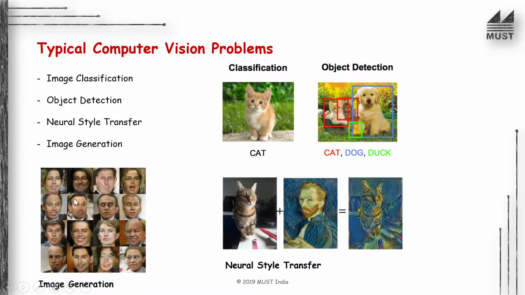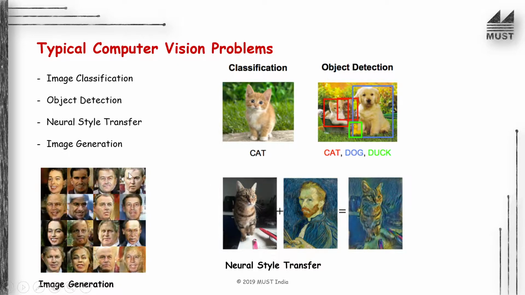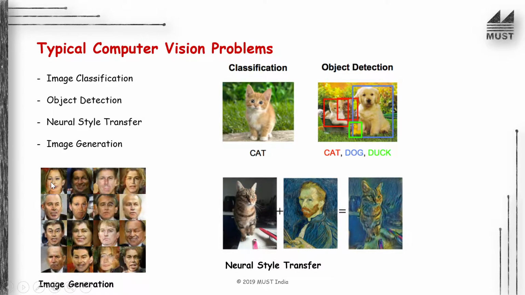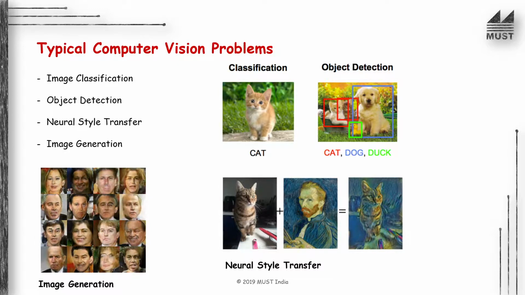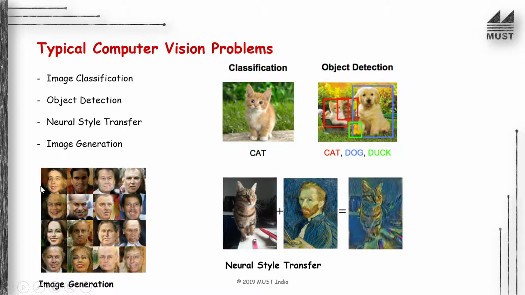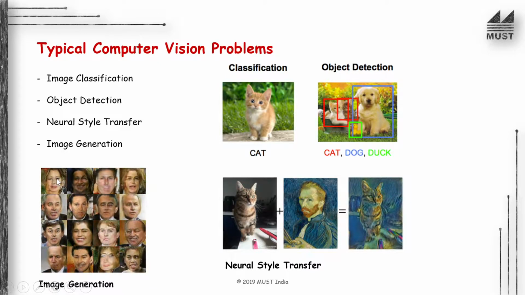Then moving on, we have the image generation category in which you use popular algorithms like GANs or VAEs to generate specific images from existing images. For example, if you have a bunch of human faces and, using those algorithms, you want to train and generate your own human face images, this is how it is done.